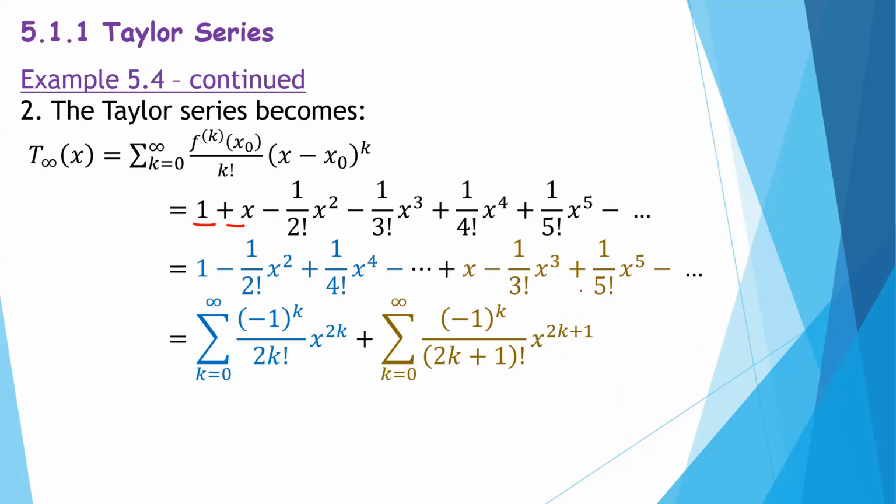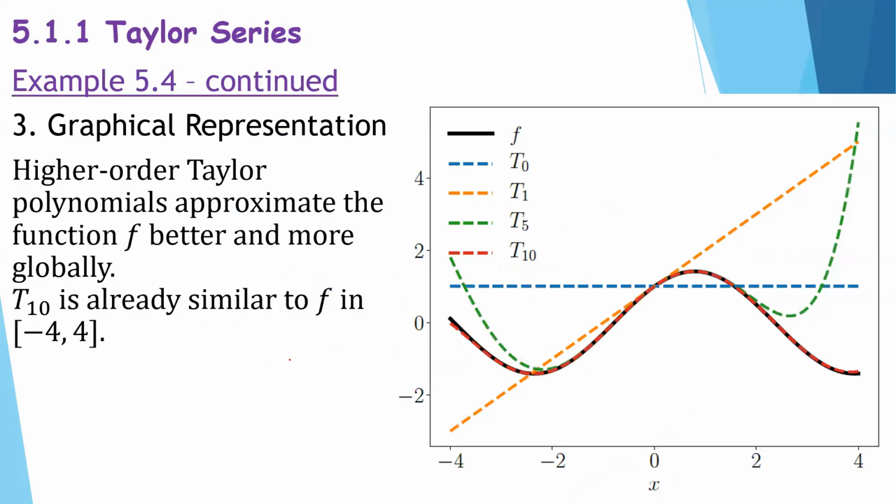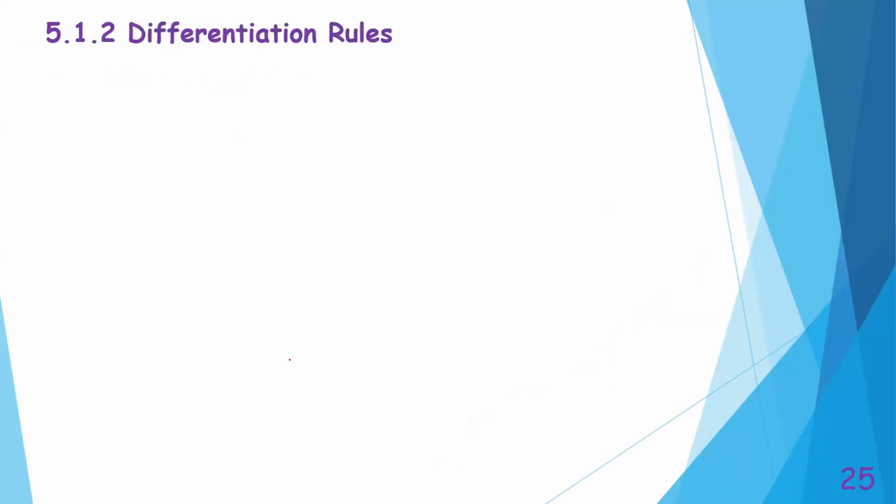And we can split here even powers and odd powers, and we'll have this mathematical formula. So as I said, graphically, taking higher and higher degree, we improve the quality of the approximation.